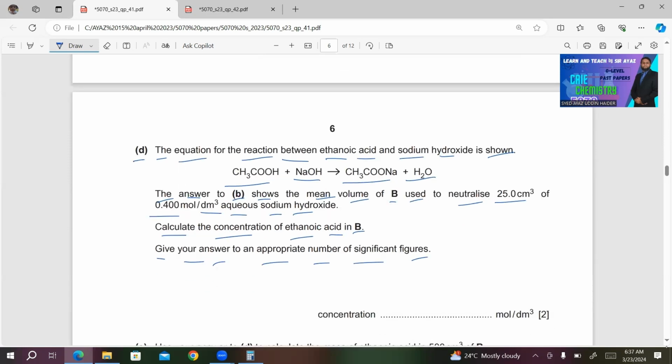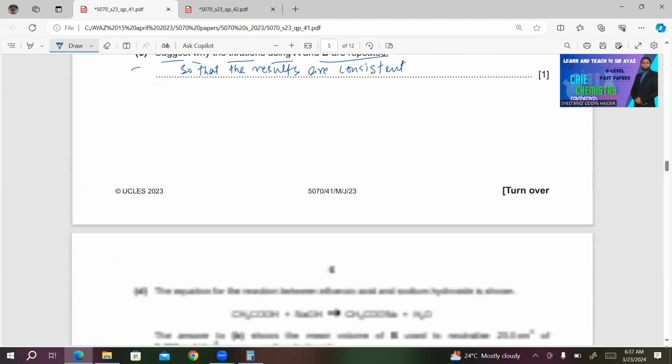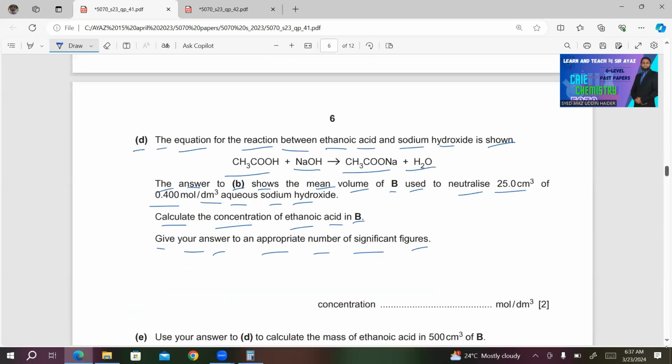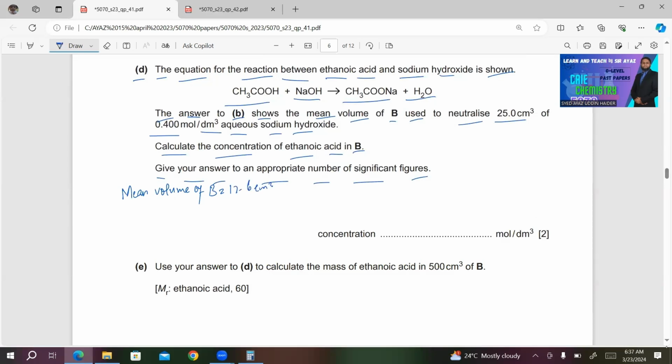Now we have the mean volume of B. What is the mean volume of B? It is 12.6. So I'm writing the mean volume, 12.6 cm cube.